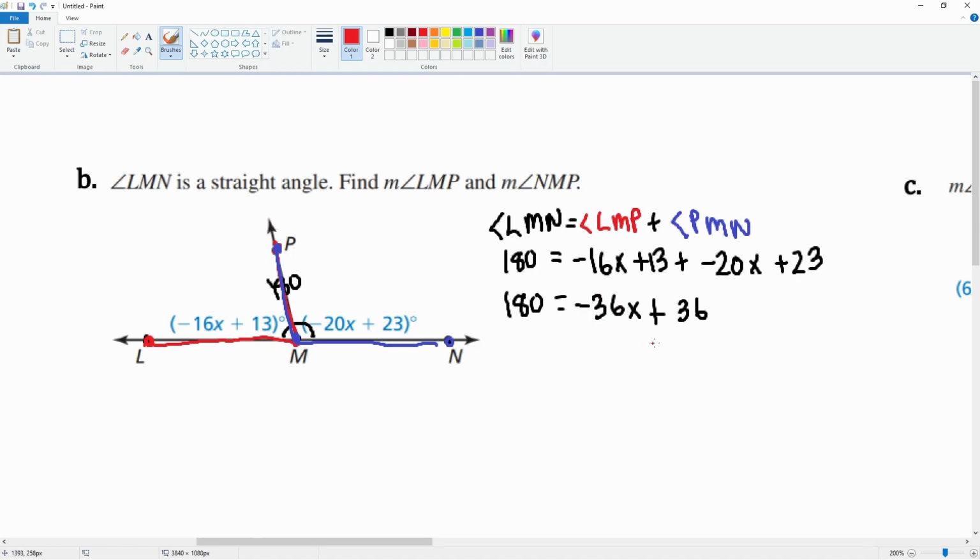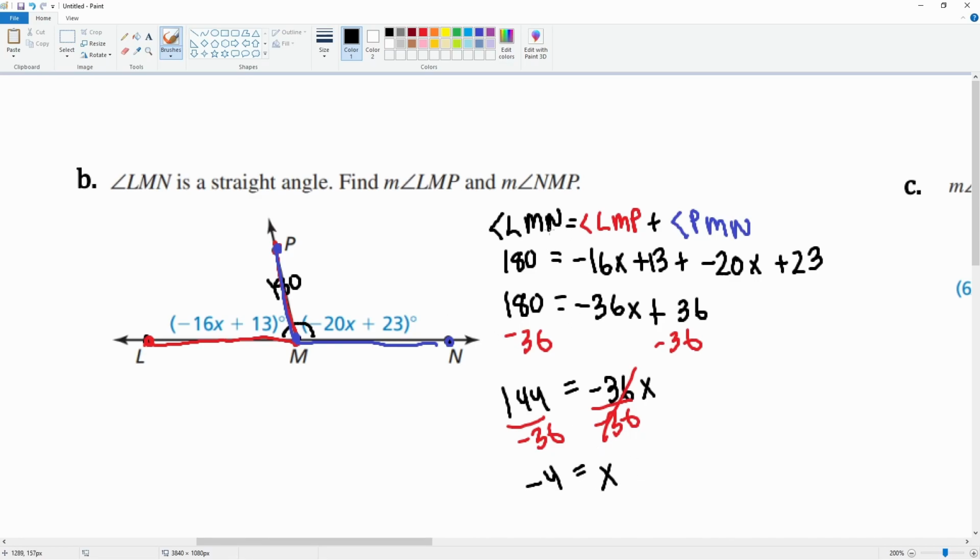Subtract 36 from both sides because we're trying to get the variable alone. So 180 minus 36 gets us 144, equal to negative 36x. Now divide by negative 36 on both sides to get x alone. 144 divided by negative 36 gets us negative 4. That's equal to x.